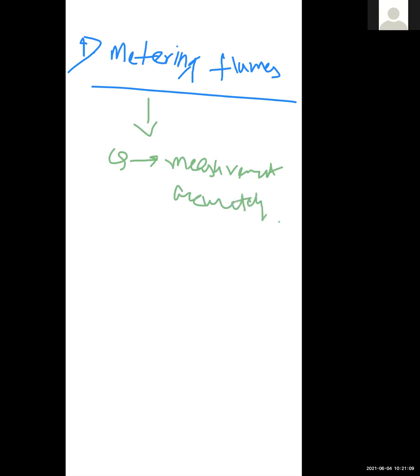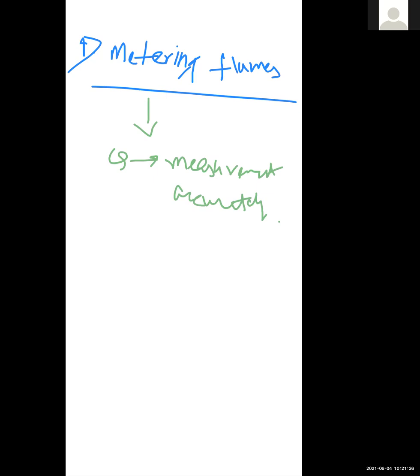It is an artificial flume or narrowed section of the channel which can be utilized for calculation of discharge. Basically, the purpose of this type of structure is only to measure the discharge of the canal.